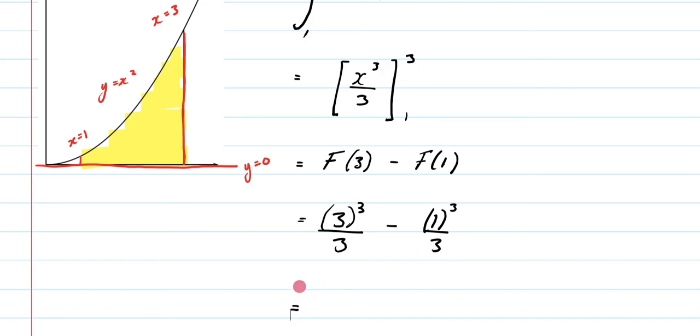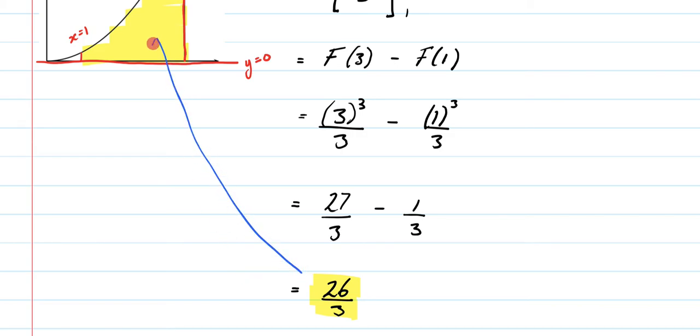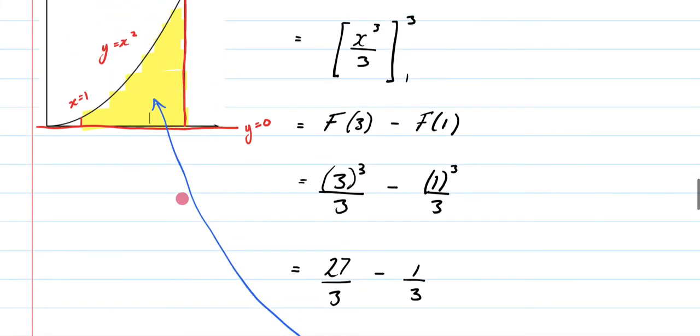That is equal to 27 over 3 minus 1 over 3, which is 26 over 3. So 26 over 3 is the area bounded by all those lines.